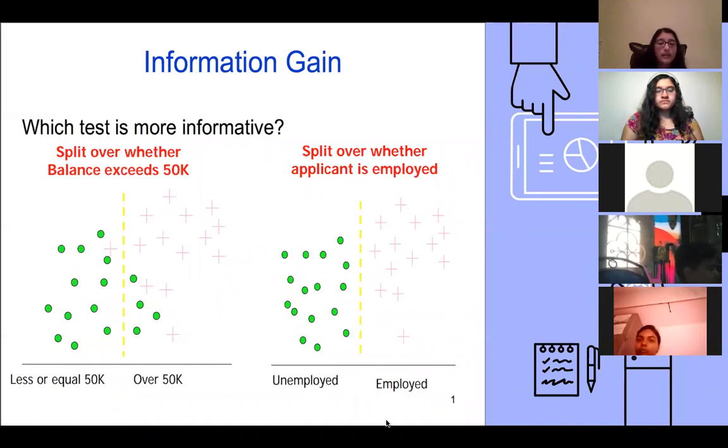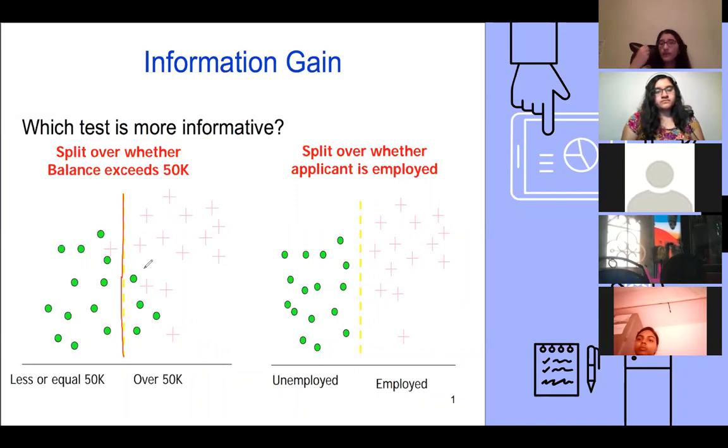What we see here is that, let's say we've made this wonderful split, this wonderful line here. But what you'll see is that there's some green points here, but then there's one red point here. But then this side is even worse, right? We have a bunch of green points in a place where there's a lot of red points.